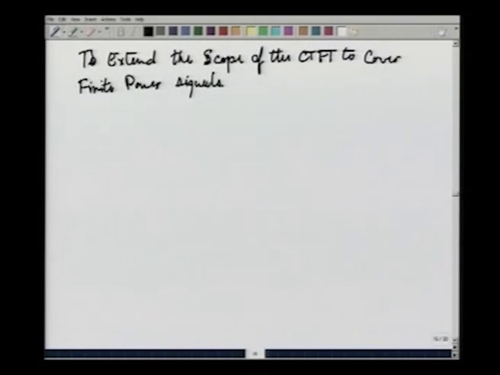It is for this that we needed to recall the Dirac delta.